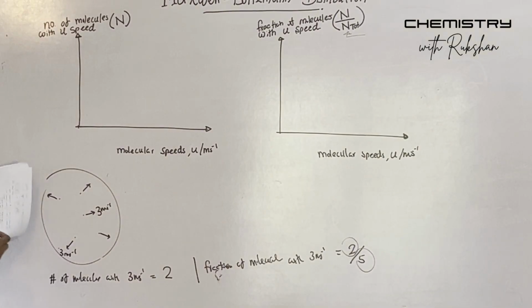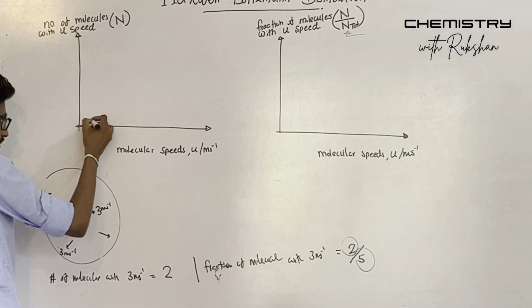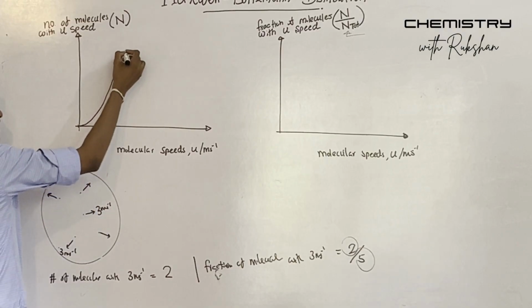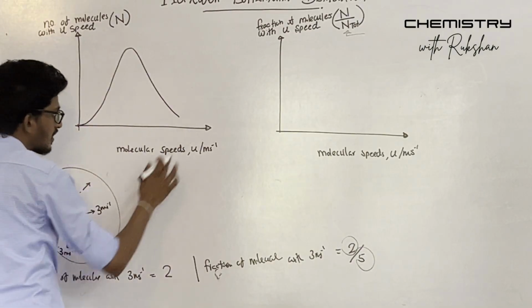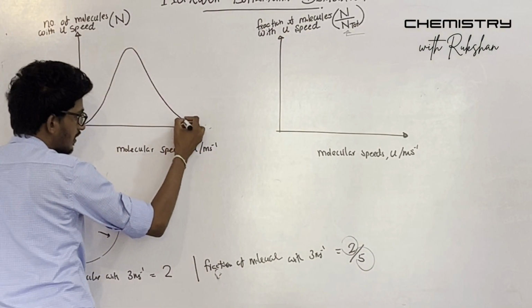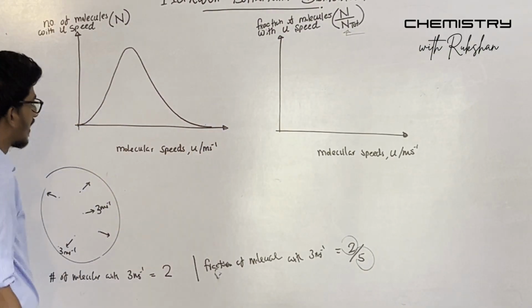Normally these graphs are a kind of bell shape with some right tail.